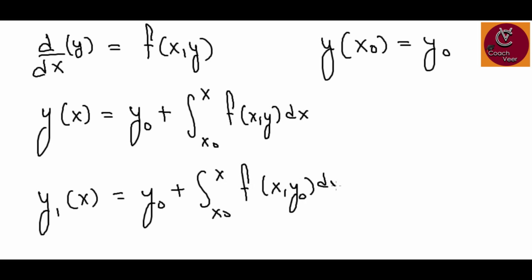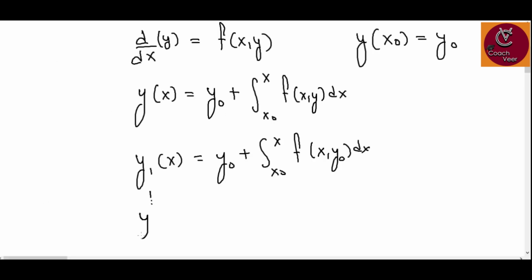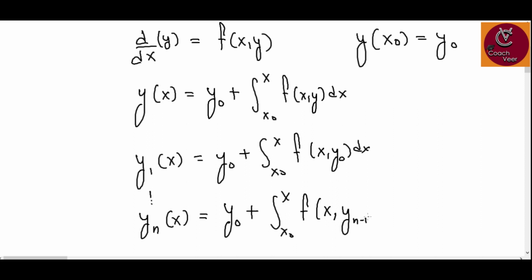For yn, it depends upon how much accuracy you want. If you want it very precise, you go to more n values. So y n of x equals y naught plus the integral from x naught to x, with the lower and upper limits, and inside the function, in place of y, you put y of n minus 1, the previous value of y which you have got.